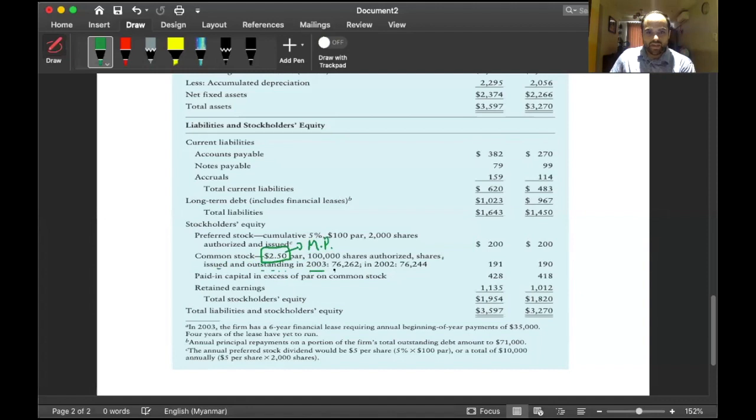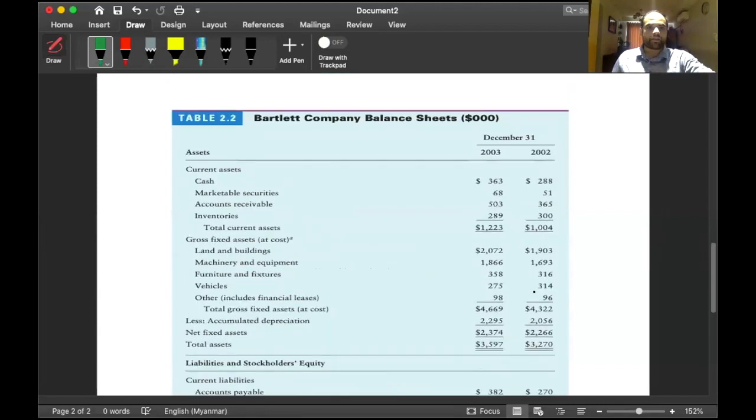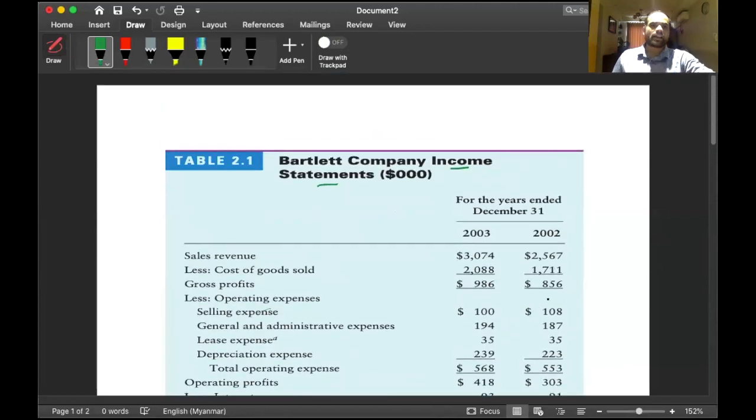This is your number of shares for 2003 and 2002, because when you calculate EPS, which is net income divided by number of common shares, you need these two common share figures to calculate your earning per share. Then you have paid up capital, and finally retained earnings. Your total equity is 1954 and 1820, and total liabilities and equity is 3597 and 3270. So this is the information about the balance sheet, and this is your income statement.